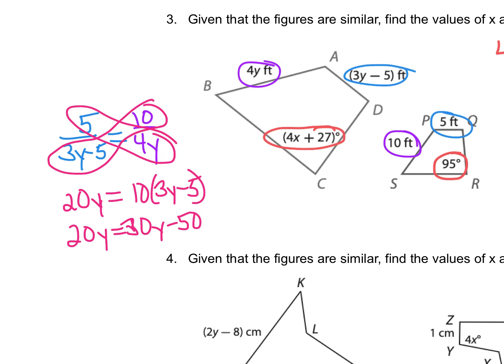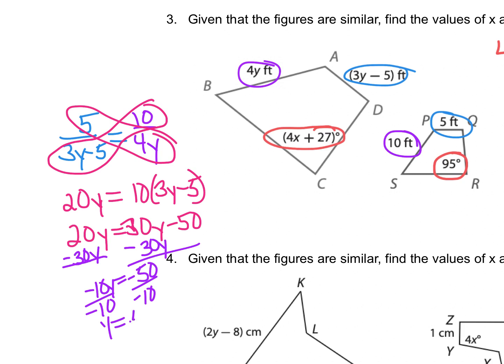So I'm going to subtract 30y from both sides. I get negative 10y equals negative 50. Divide by negative 10. And I get y equals 5. Okay?